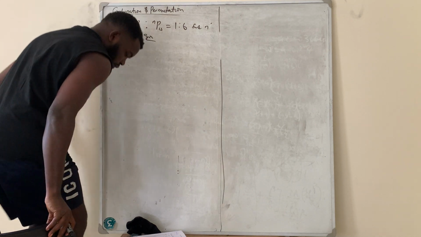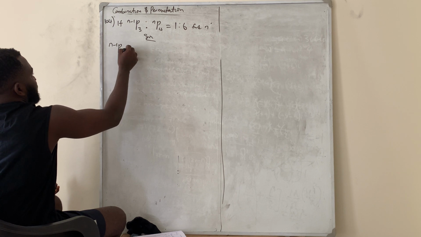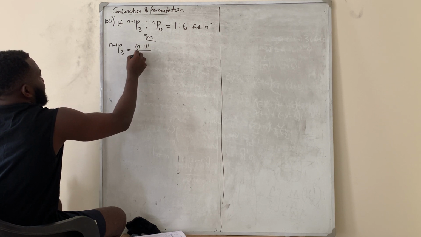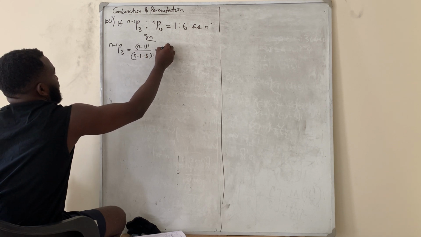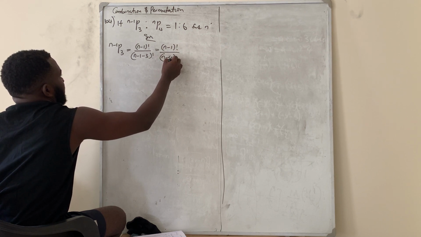Okay, this is a very simple question. The first one they gave us is n minus 1 permutation 3, which is n minus 1 factorial all over n minus 1 minus 3 factorial, which is n minus 1 factorial all over n minus 4 factorial.